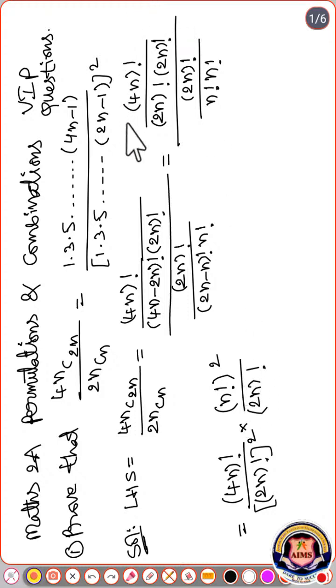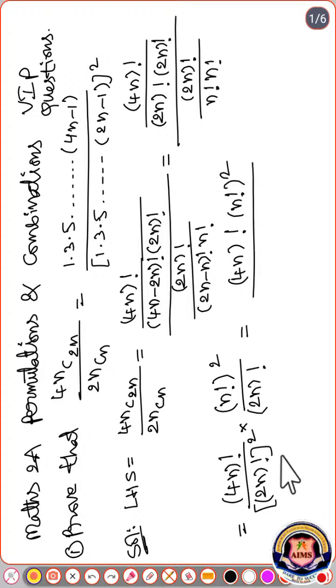The numerator part we have written as it is, and the denominator part goes to the numerator by taking the reciprocal. So totally we can write 4n factorial into n factorial whole square, whole divided by 2n factorial whole square into 2n factorial.